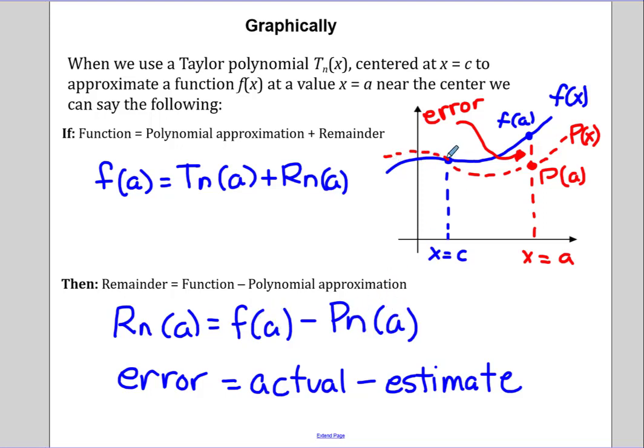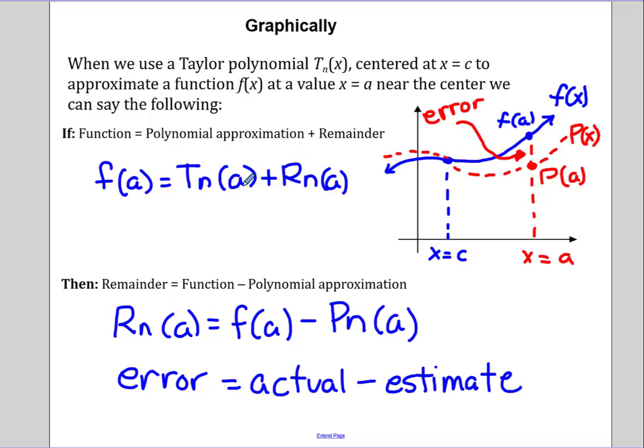You can see here my blue graph is my actual function, and we've approximated it with a Taylor polynomial that I'm calling p of x. Its center is at c, but we've moved over some distance and evaluated at a. So this gap in between the actual value and our estimate value, that's our error.